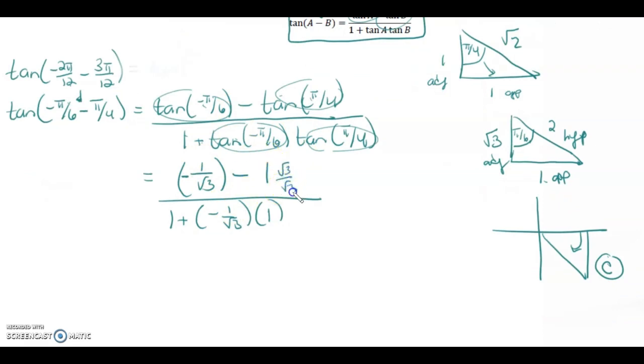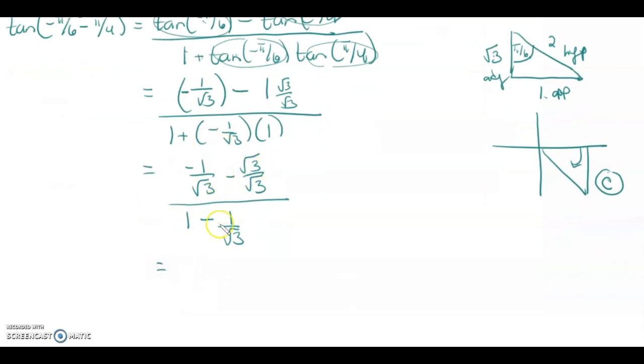So root 3 over root 3. So we're going to have negative 1 over root 3 minus root 3 over root 3. And then that's going to be divided by 1 plus negative 1 over root 3 times 1, so we can just do 1 minus 1 over root 3.